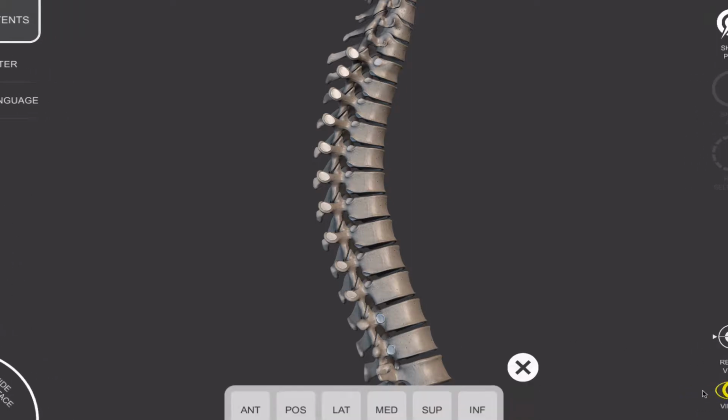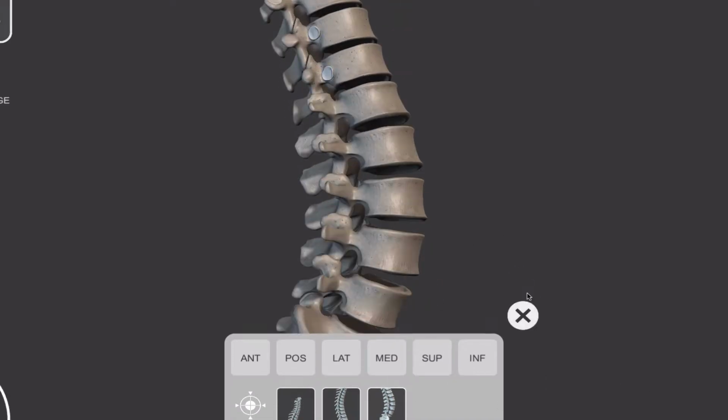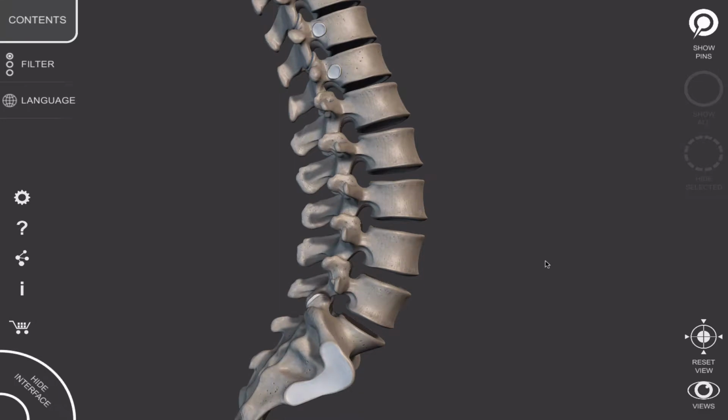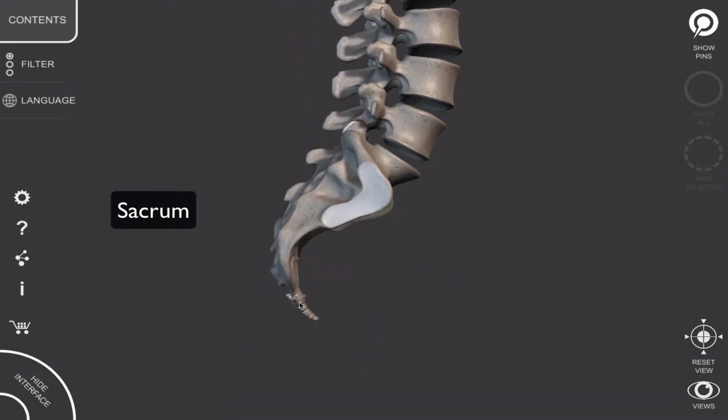And then the lower part of the back is referred to as the lumbar spine. And there are typically 5 lumbar vertebrae: L1, L2, L3, L4, L5. And then below the lumbars would be the sacrum, and then below the sacrum would be the coccyx.